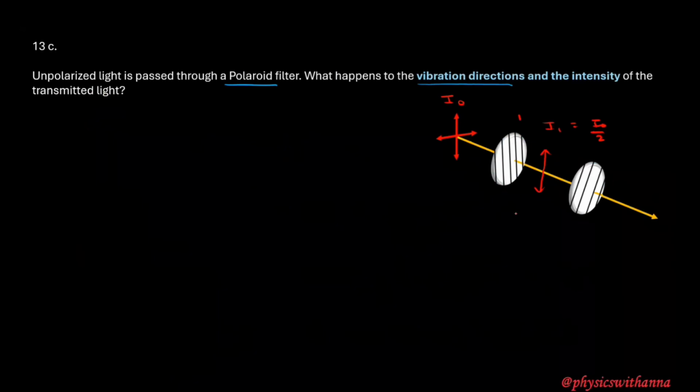Again, when the light comes out of any other Polaroid filter, if it were making an angle theta, we would be using Malus's law to calculate the intensity of the transmitted light, which is given as I equals I naught cosine square theta. And this intensity will again decrease when it comes out of the Polaroid, whereas the vibration direction will be the same as the pass axis of the Polaroid. So if the Polaroid was making an angle theta, the light coming out of this Polaroid will also be making an angle theta with the vertical.